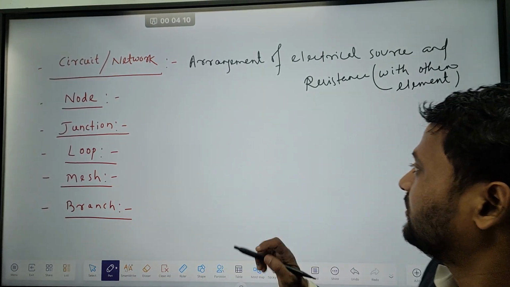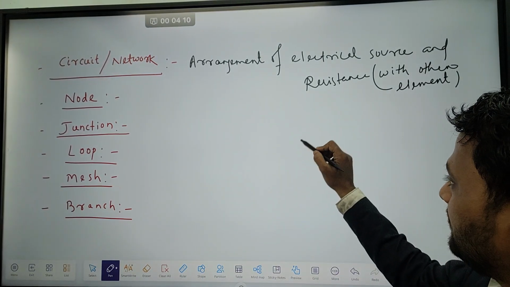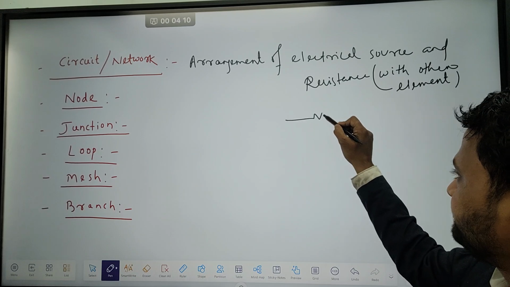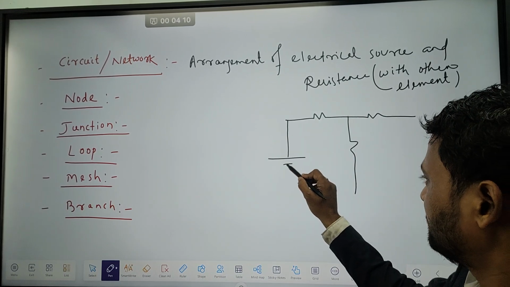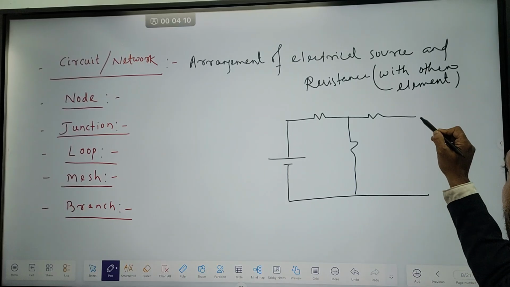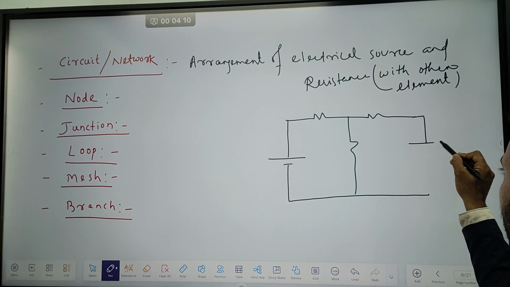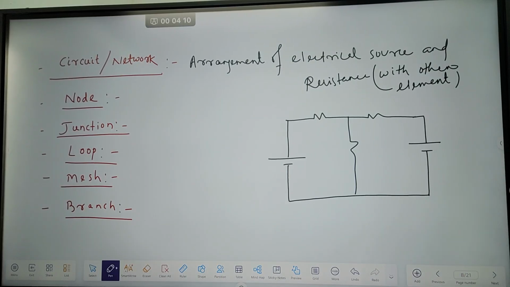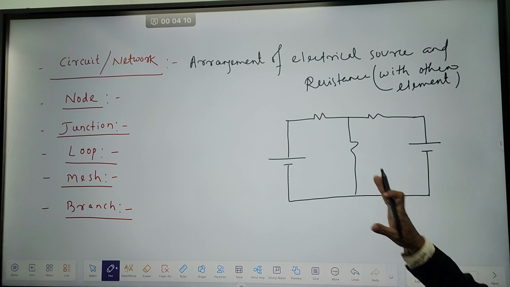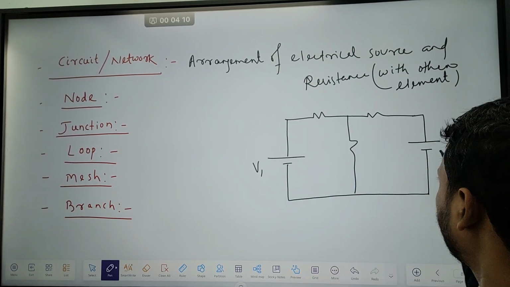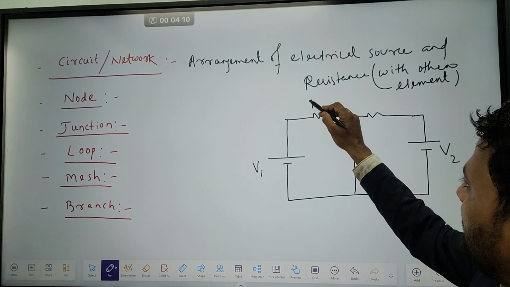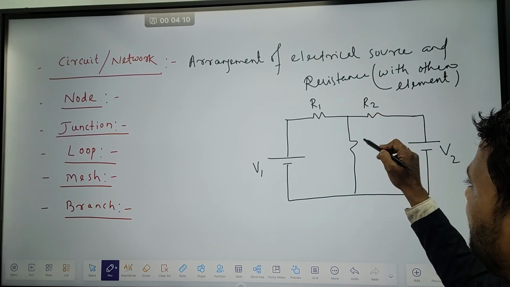So what is a node? See, let us take an example. Okay, so we have this circuit, meaning it has different sources: V1 is a source, V2 is a source, there are two voltage sources and three resistances R1, R2 and R3.